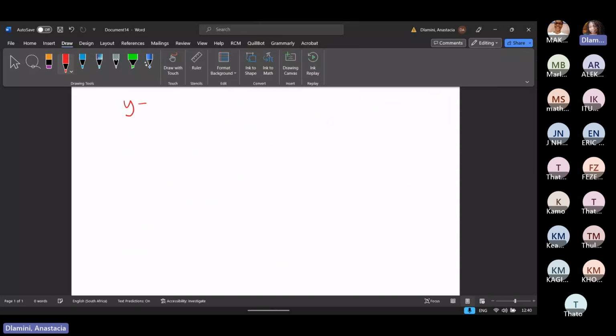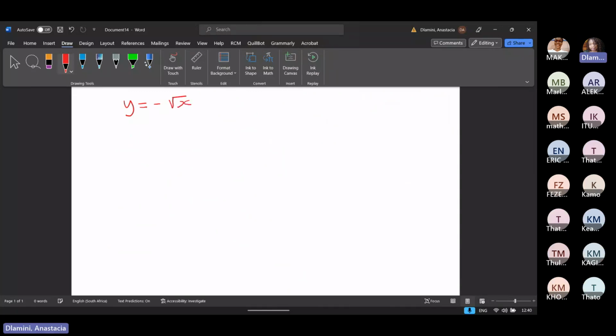So we have y equals minus square root of x. We have y equals square root of x. We have y equals square root of minus x. We have y equals minus square root of minus x. So this is something called reflection about the origin.